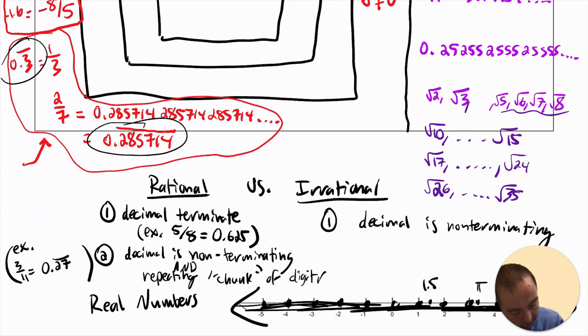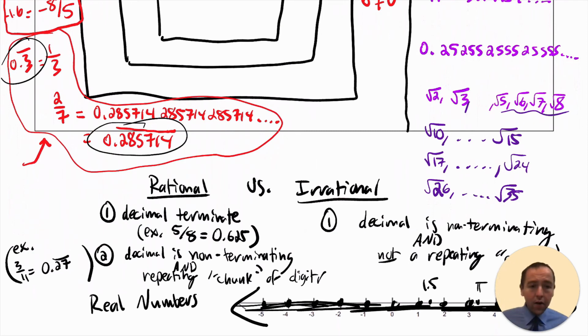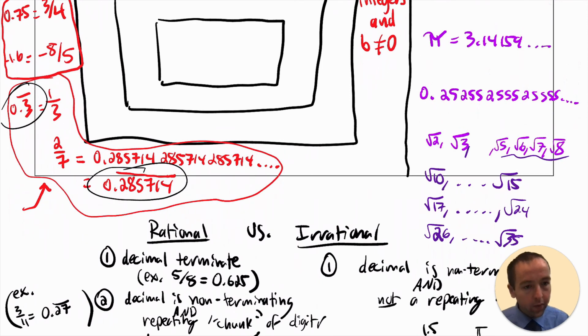So what that means is that the decimals are always going to go on forever for irrational numbers, and there is not a repeating chunk of digits. So let's exemplify that up here with my examples. So right there, I give the example of pi, and it's going to have 14159, goes on forever. Irrational numbers always have to do that, but then it's just random from there. It never repeats like numbers over and over again.